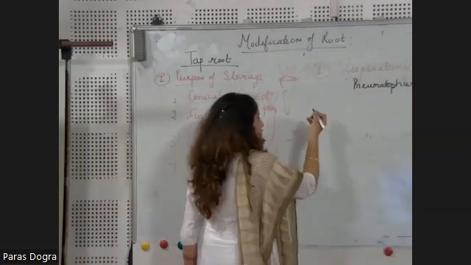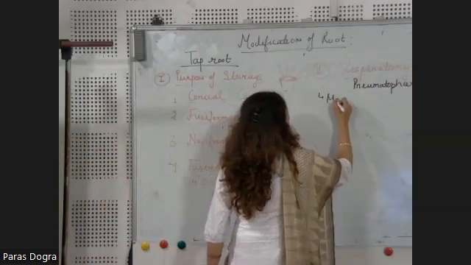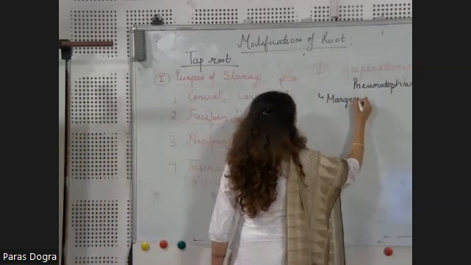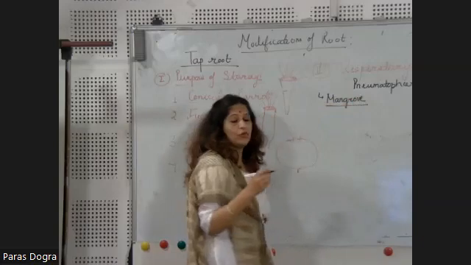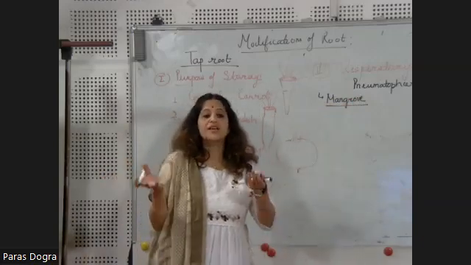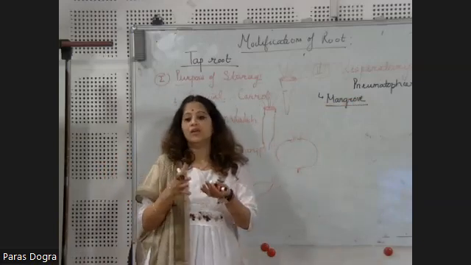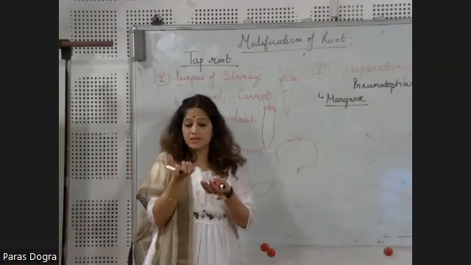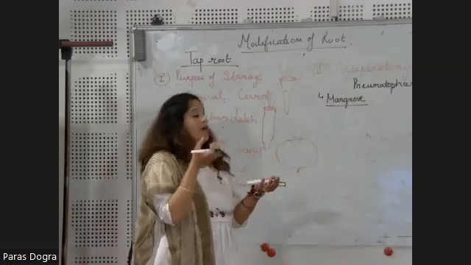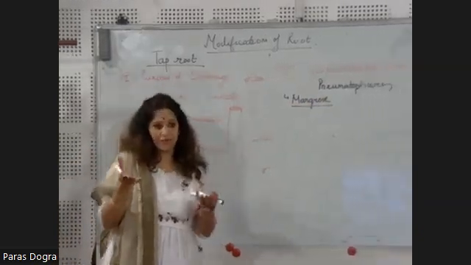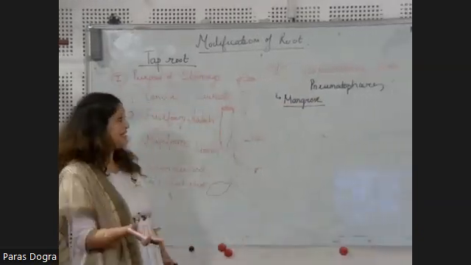These are the roots which we commonly see in mangrove plants. What are mangrove plants? Mangrove plants are plants which grow in swampy areas. You find them in the Sundarban deltas, where the soil has so much saline condition. Okay, these plants are found in saline conditions.